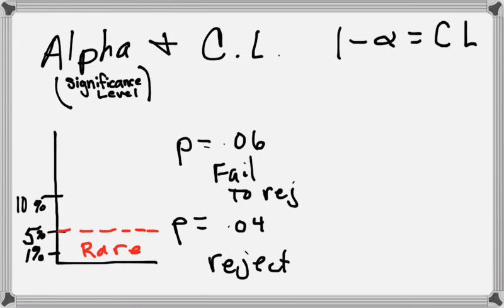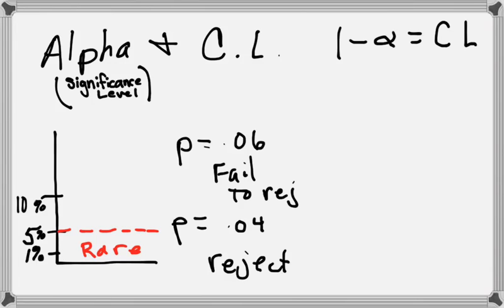Most of the time, if you're left to pick, what do you think you pick? 0.05. Don't even think about it. There's no special reason we pick 0.05. It's just most common. And if it's different, they're definitely going to give you the alpha level a lot of the time. 0.01. You could have 0.001. You could have all kinds of stuff.